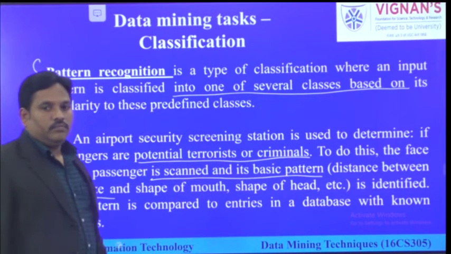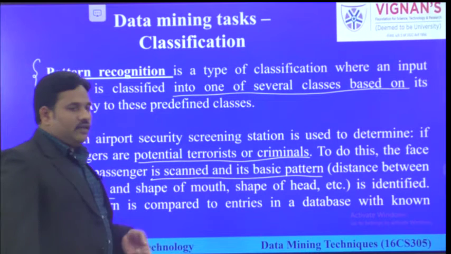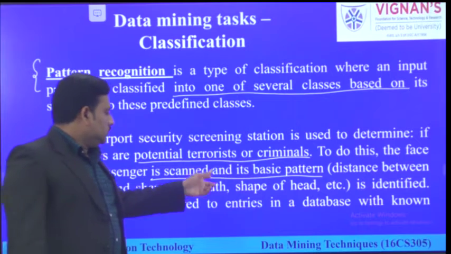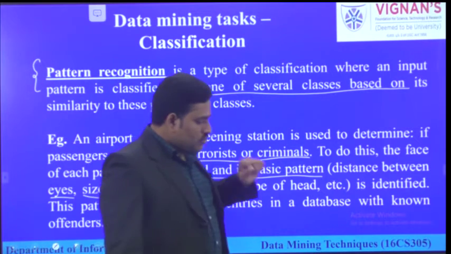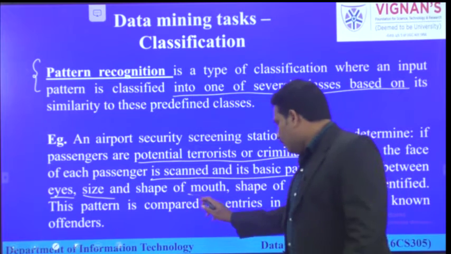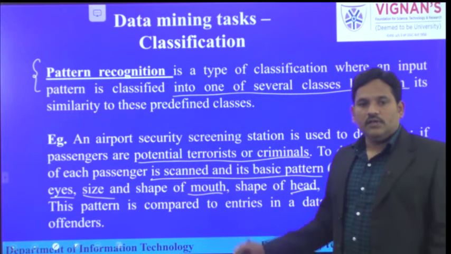These are facial features. Now what is the use of these three properties?